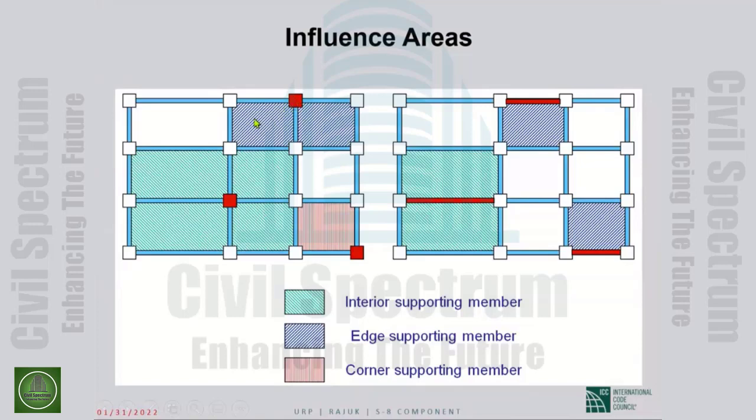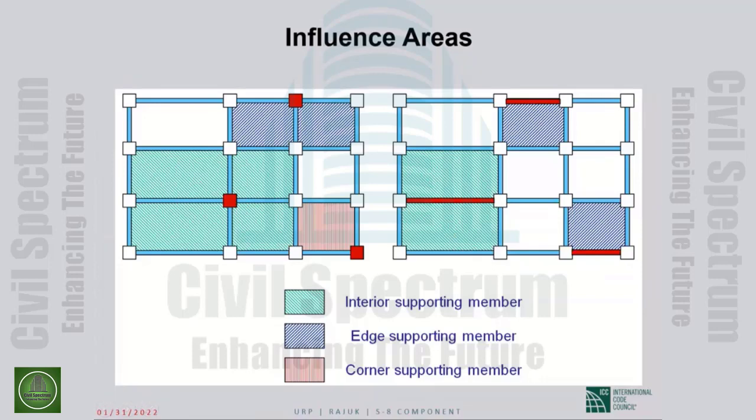So for that exterior column, the influence area is the area of those two panels. For the corner column, it is the area of one panel. For the interior column, it is the area of the four panels. For an interior beam, those two panels. For the exterior beam, that panel. For that beam, it is that panel. Okay. So influence area.